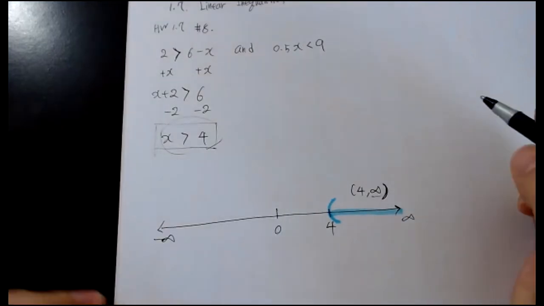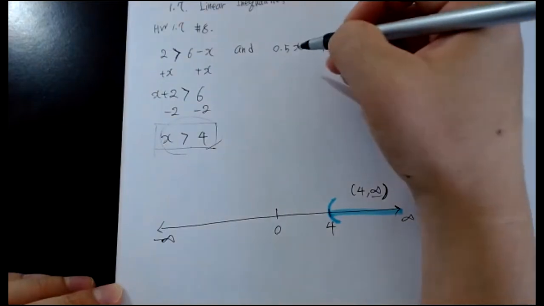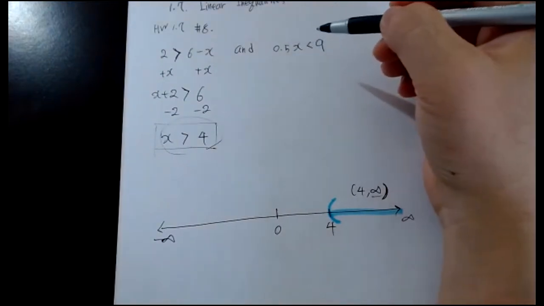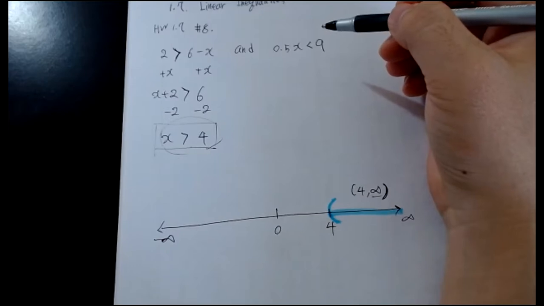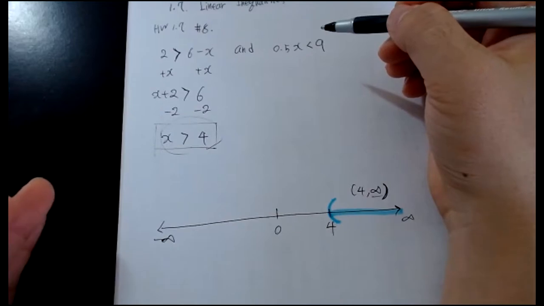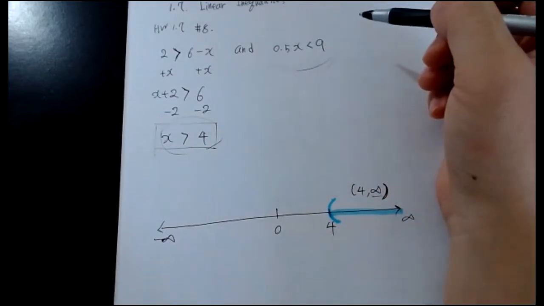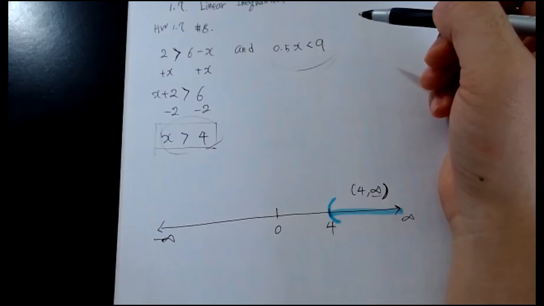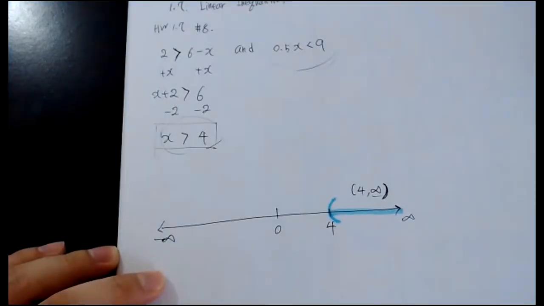Now 0.5x is less than 9. We need to divide by 0.5. Keep in mind the big difference between linear equations and linear inequalities: when you divide or multiply by a negative number, you have to reverse the inequality.